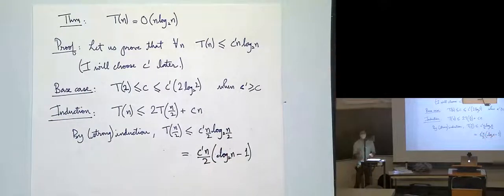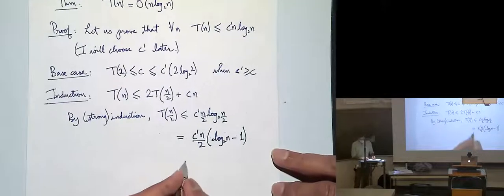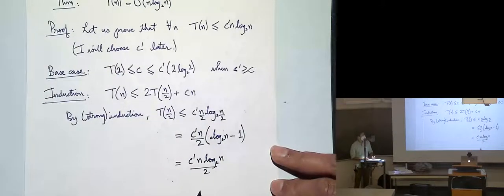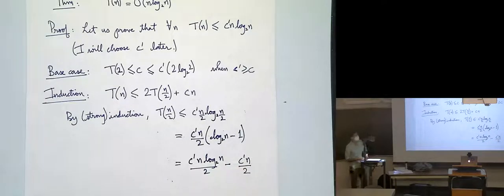I'm just splitting up the logs. Okay, which is C prime n log n over 2 minus C prime n over 2.